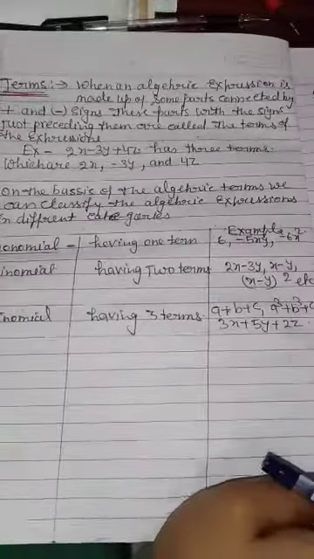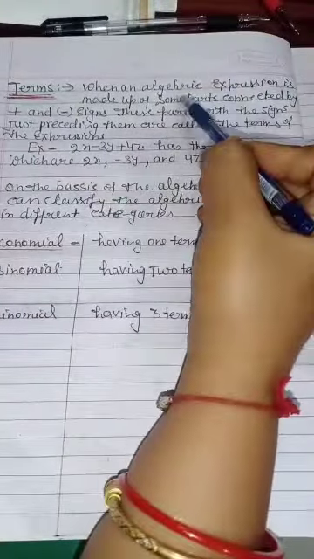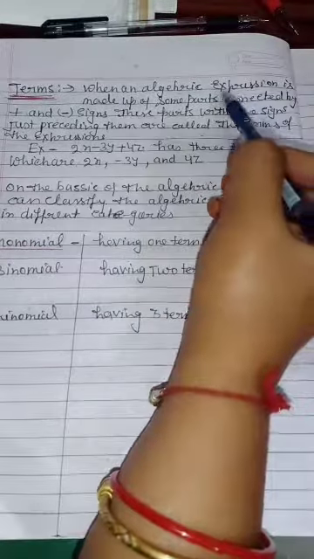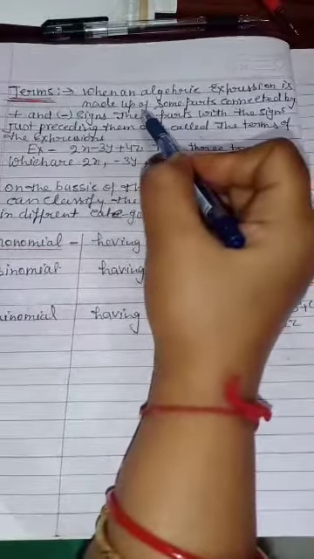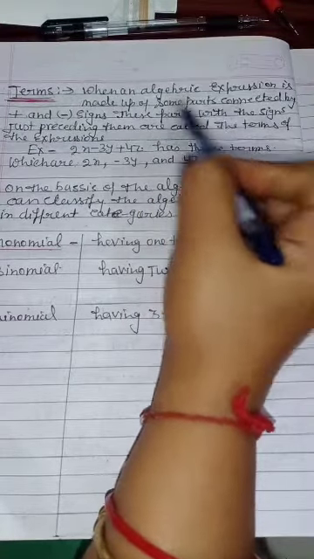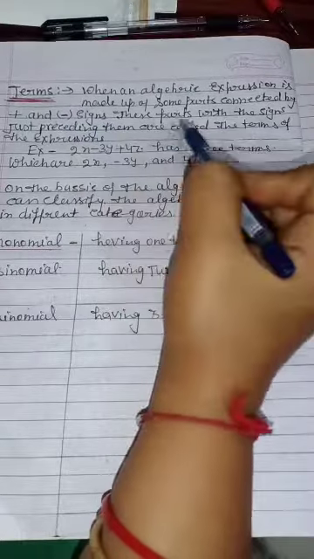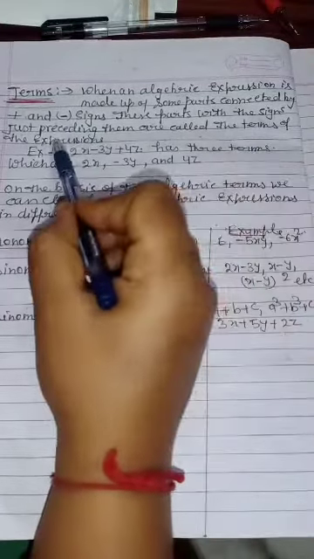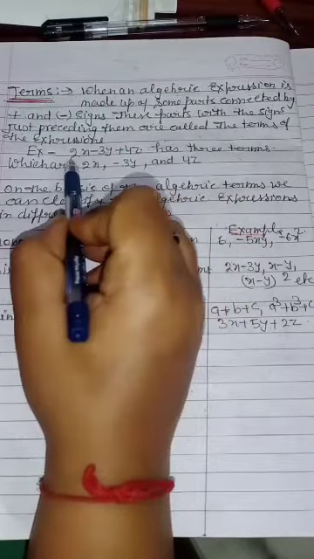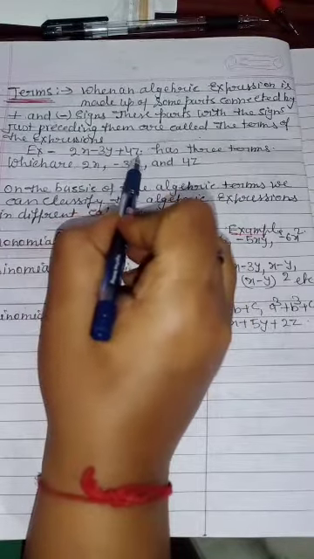Now come to terms, beta. What do you mean by terms? When an algebraic expression is made up of some parts connected by plus and minus signs, these parts with the sign just preceding them are called the terms of the expression. For example, 2x minus 3y plus 4z.